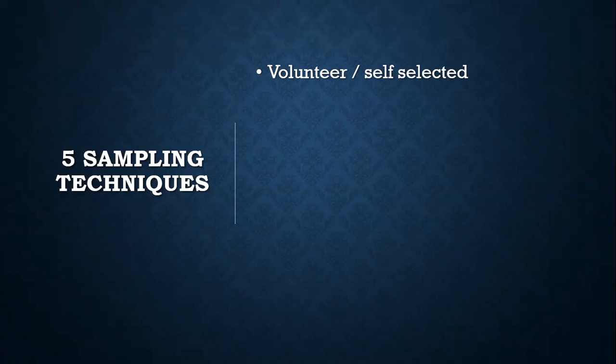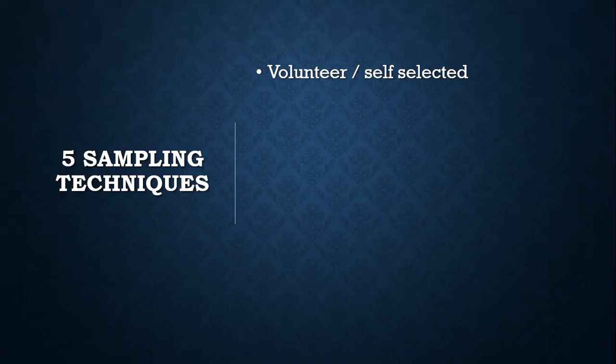So they may be responding to an advert they've seen in a newspaper, a poster on a notice board. So when we look at volunteer sample, it involves the participants themselves selecting themselves to be part of the sample. So they're actually putting themselves forward. So it's either volunteer or self-selected. Please become familiar with both terms.